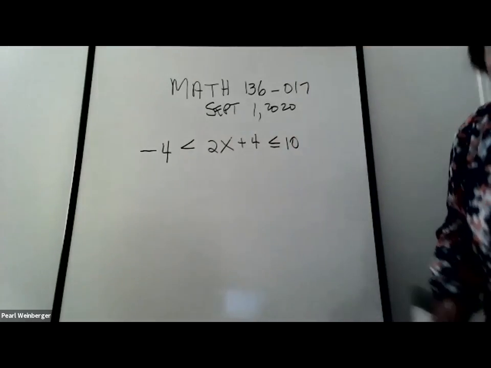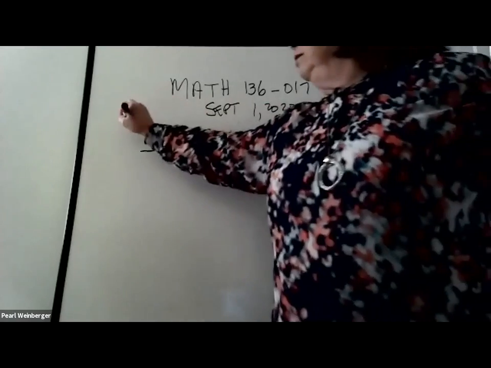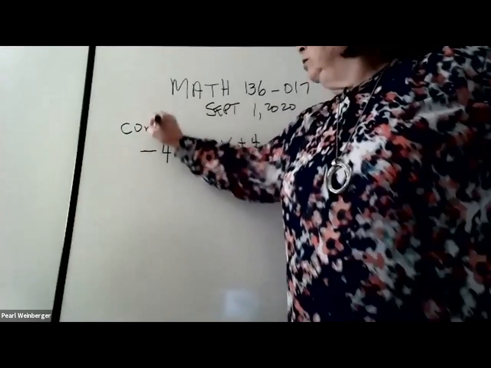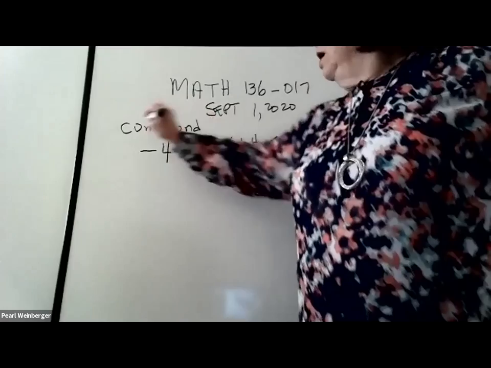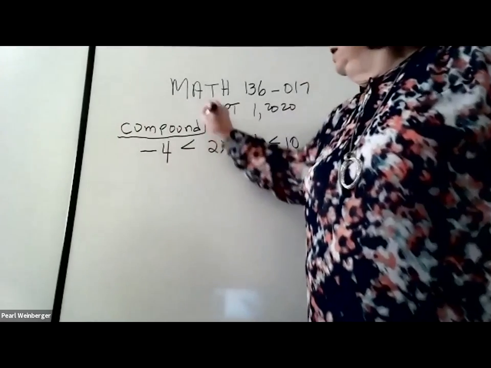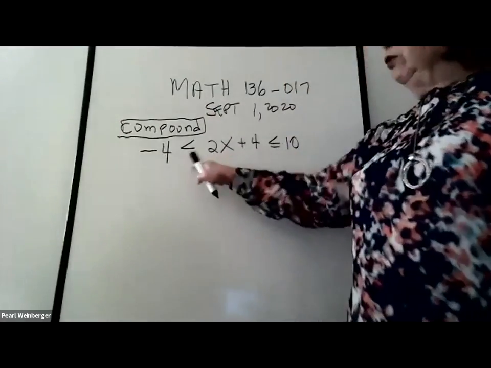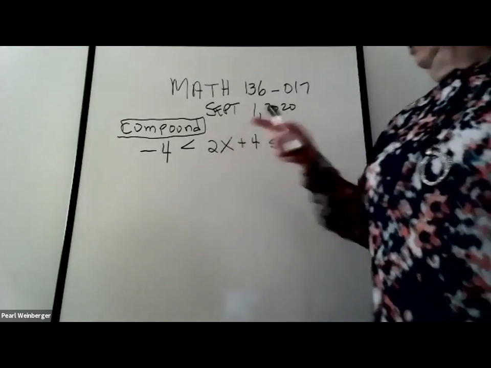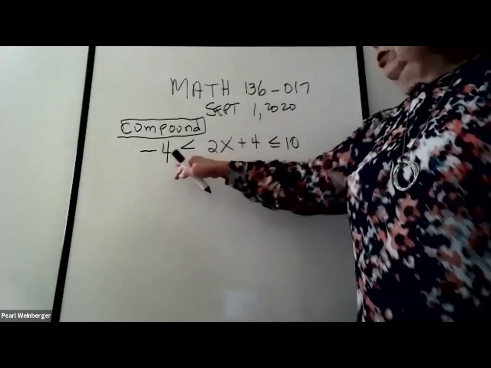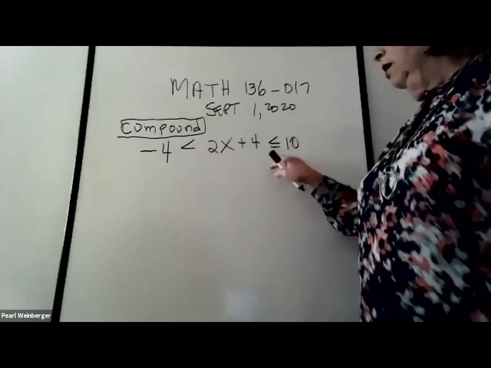This is what's called a compound inequality. What a compound inequality means is that you really have 2 inequalities written together. It looks a little strange. You're not used to seeing 2 inequalities on the same thing.